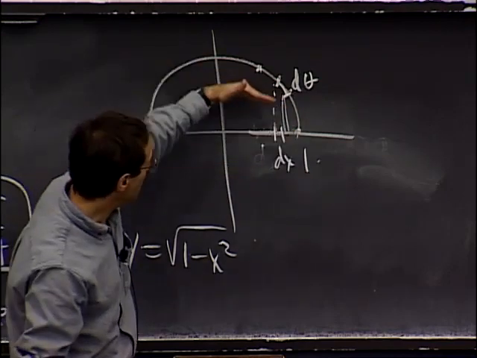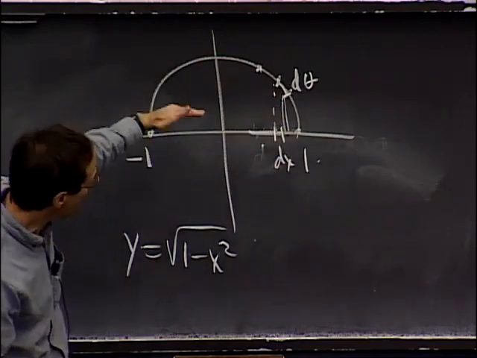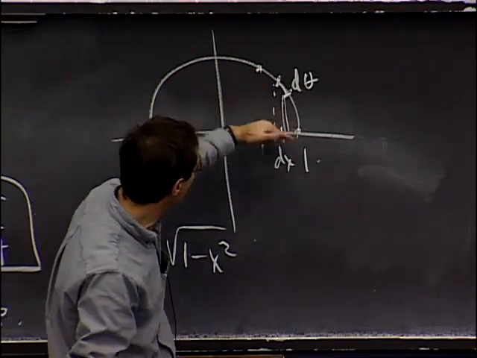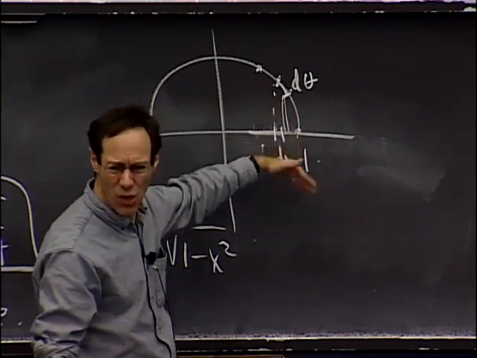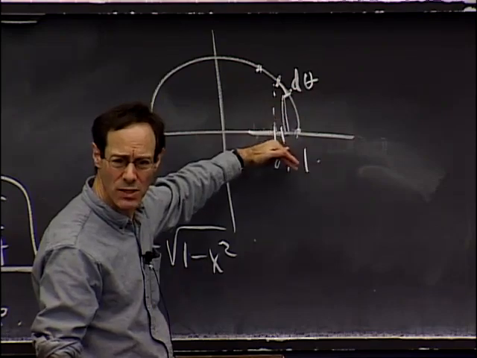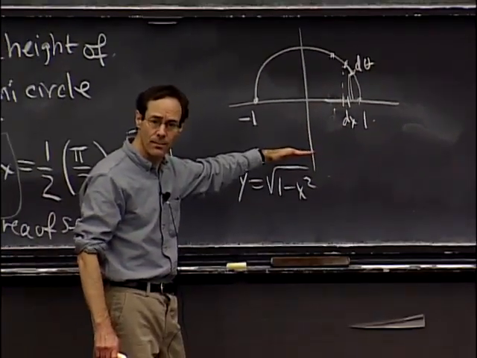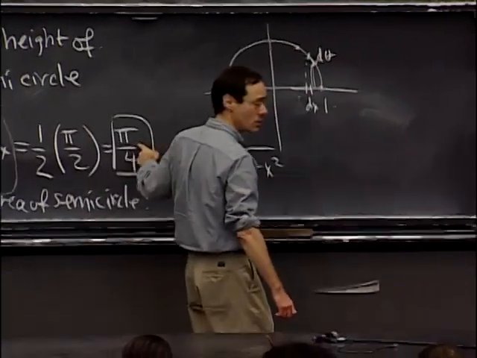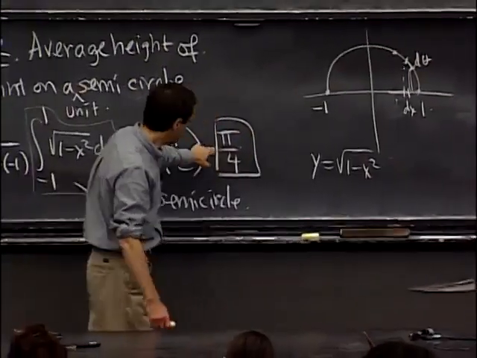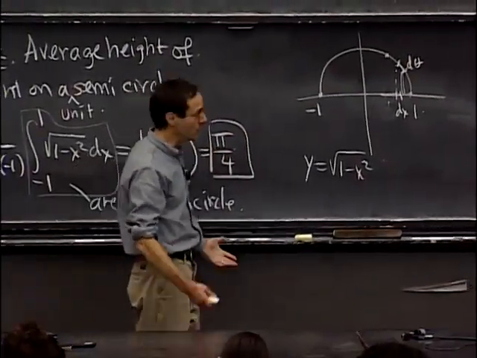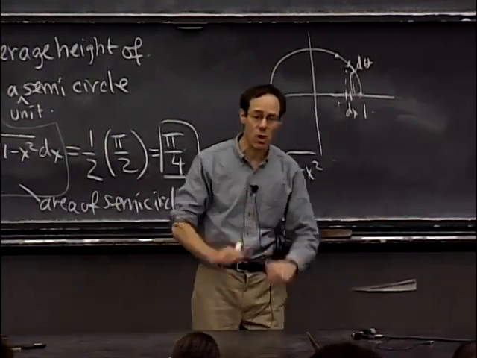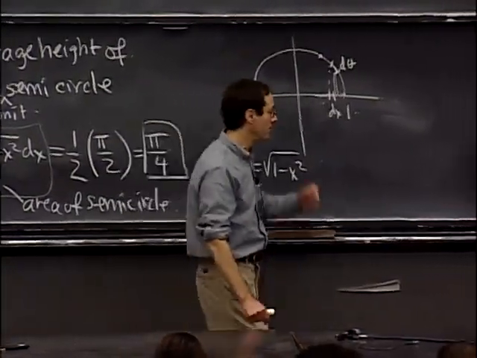So the average that we're taking when we do it with respect to theta is going to emphasize the low values more. They're going to be more exaggerated. And the average should be lower than the average that we got here. So we should expect a different number, and it's not going to be pi over 4. It's going to be something else. Whatever it is, it should be smaller than pi over 4.